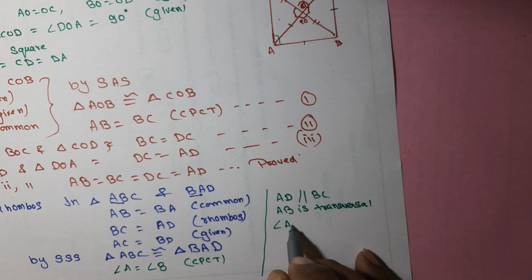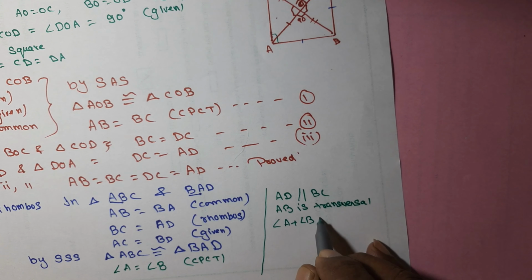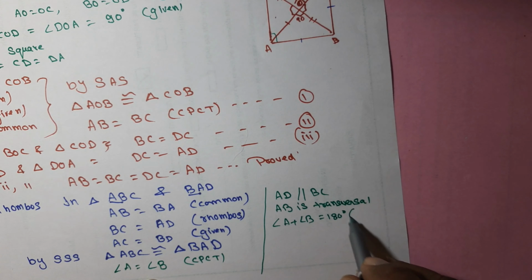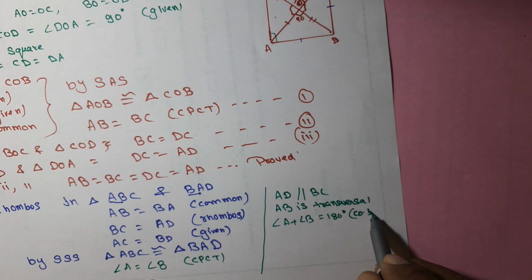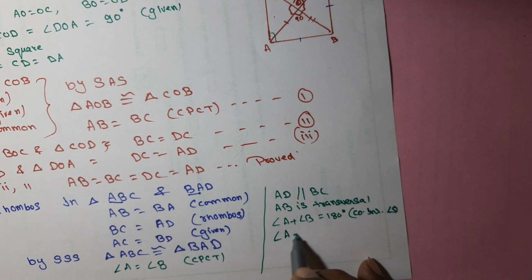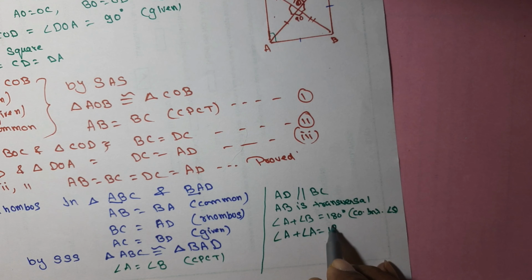That means angle A plus angle B is equal to 180 degrees. Why? Because they are co-interior angles. Okay.